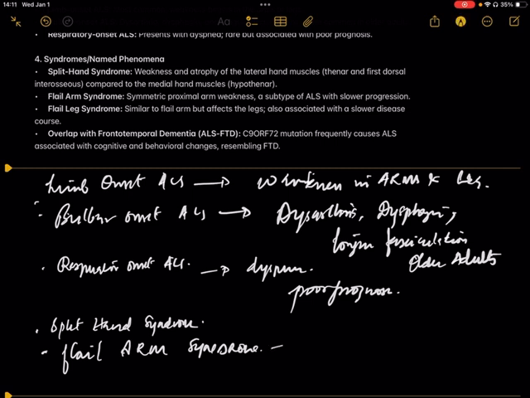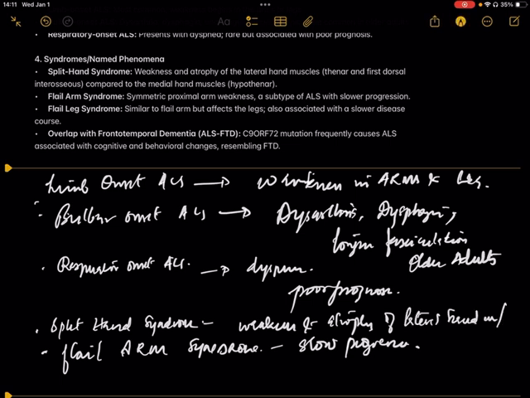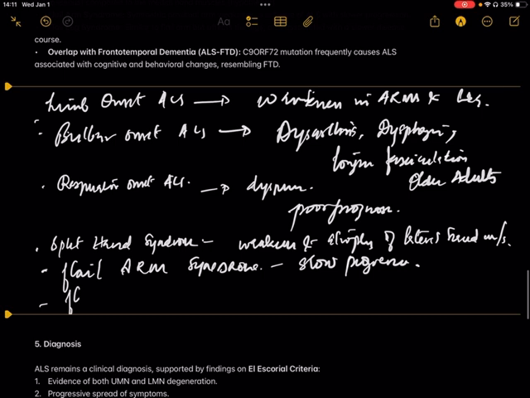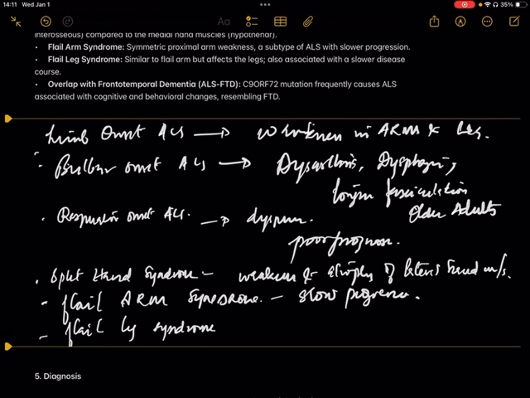Split hand syndrome results in weakness and atrophy of lateral hand muscles. Next is flail leg syndrome, which is similar to flail arm syndrome and is associated with slow progression. ALS can overlap with frontotemporal dementia when there is a mutation in C9orf72.